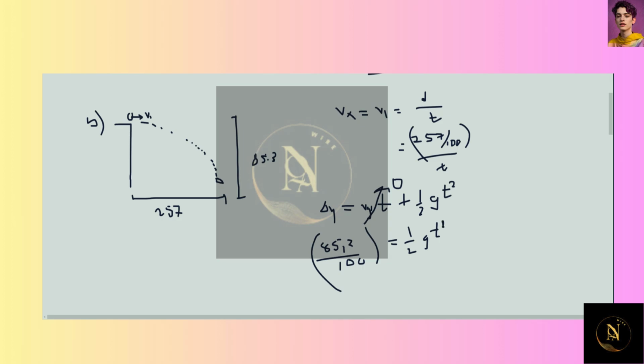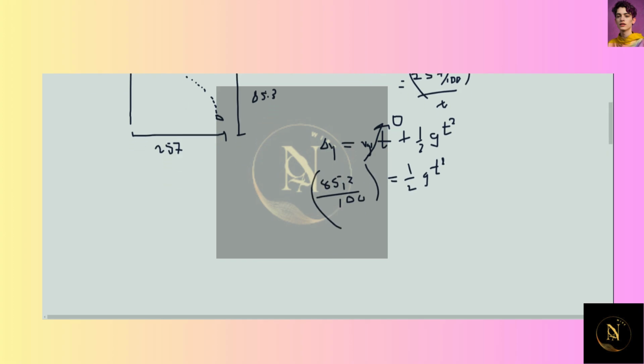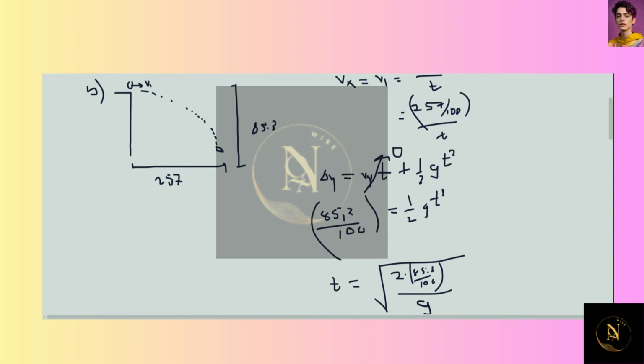From here, we can calculate t as the square root of 2 times 85.3 over 100, divided by g.